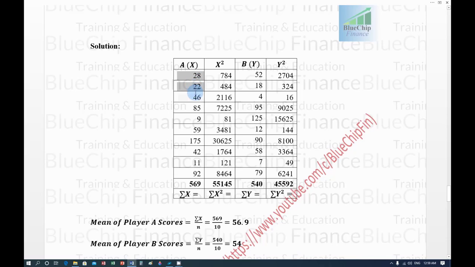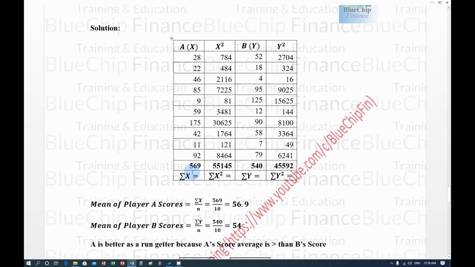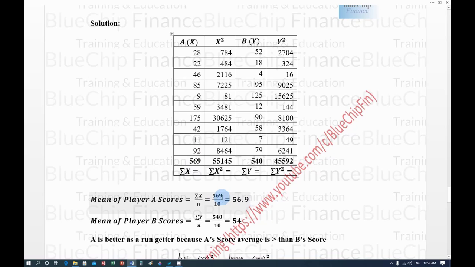Sum of all the scores of player A is 569, that is sum of x, and n is simply the count of all these values. So 1 2 3 4 5 6 7 8 9 10, 10 is the count. So 569 divided by 10 equals 56.9, the average score of A. And for B, just take the sum of all the scores of player B, and the sum is 540, and 540 divided by 10 is 54.